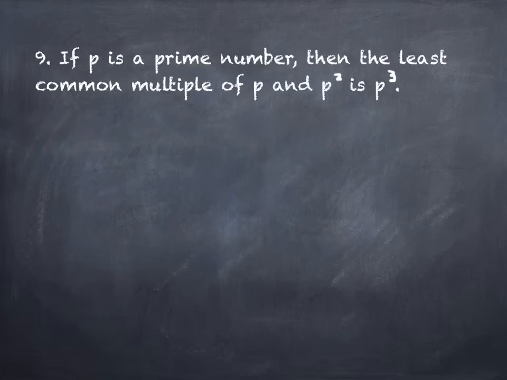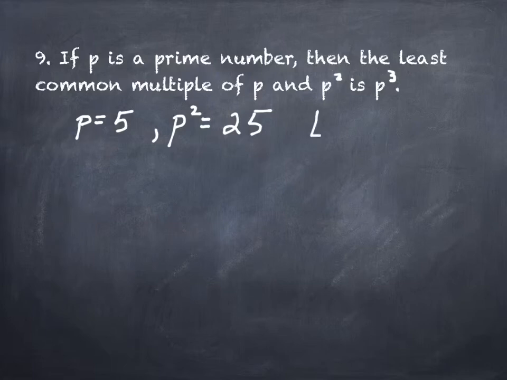If p is a prime number, then the least common multiple of p and p squared is p cubed. It might help you to think about letting p be a prime number to see if this works. So maybe you say, okay, let's say that p is 5, just so we can talk about it. If p is 5, what's p squared? 25.